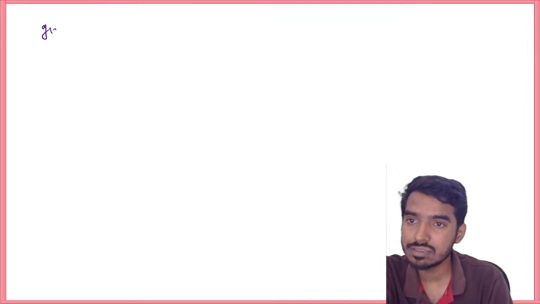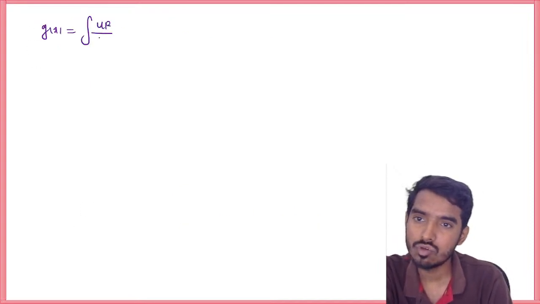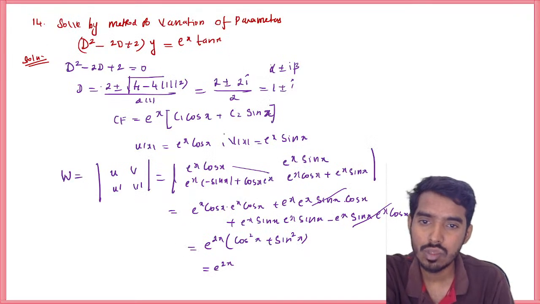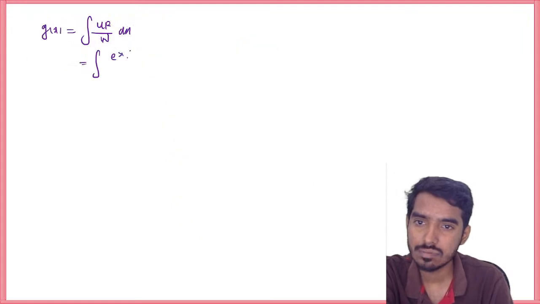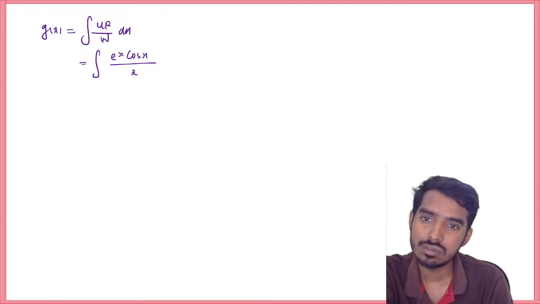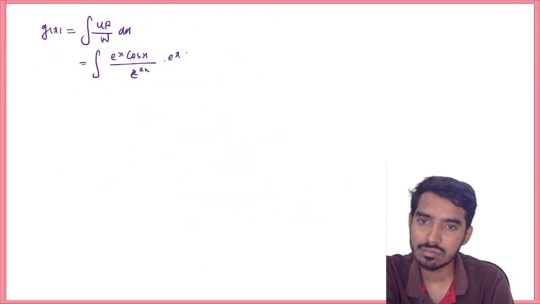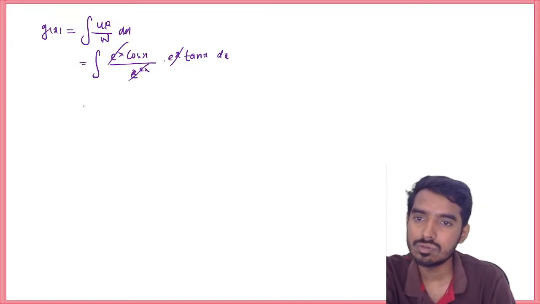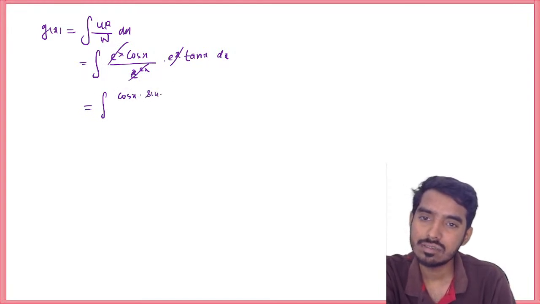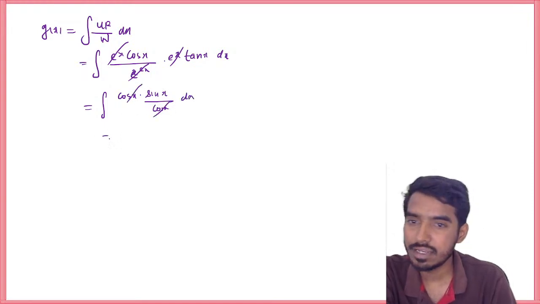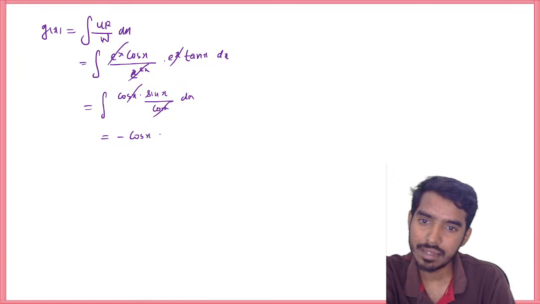Now you find g(x): the integration of u r by W dx. What is u? It is e^x cos x. W is e^2x, r is e^x tan x. The e^x and e^x cancel. We have the integration of cos x tan x, which is sin x, and the integration of sin x is minus cos x.